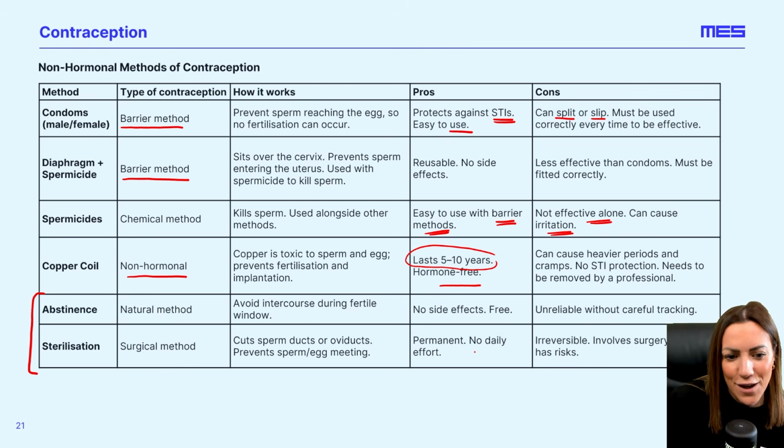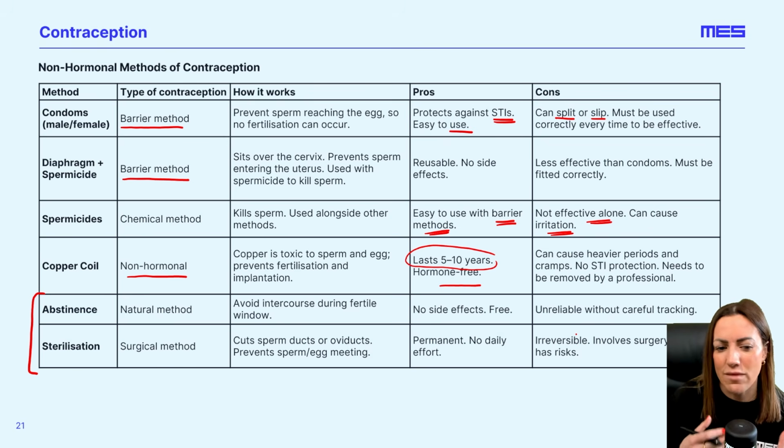No daily effort, nothing to remember. But then that's also a con, right? Because it's irreversible, you might change your mind. You'd have to be very certain that you wanted to do this. You did not want pregnancy. It involves surgery, so there are risks of anesthetic, risks of infection. You can always talk about those risks with any surgical procedure.